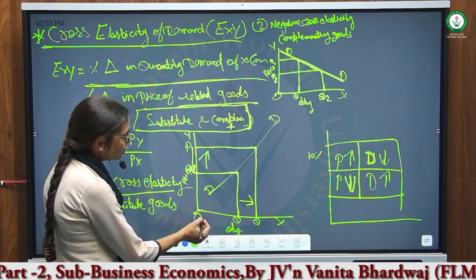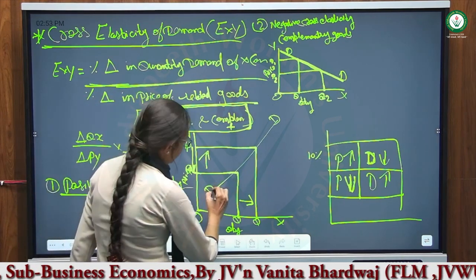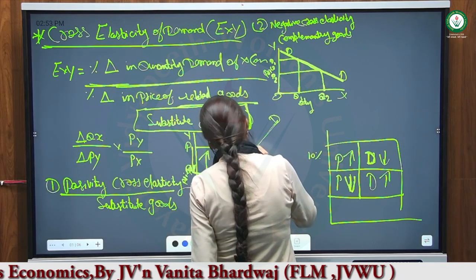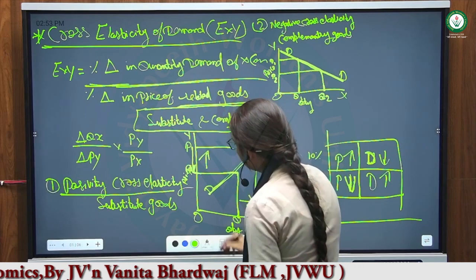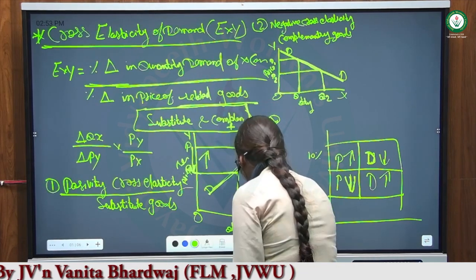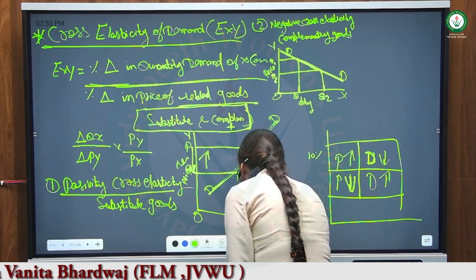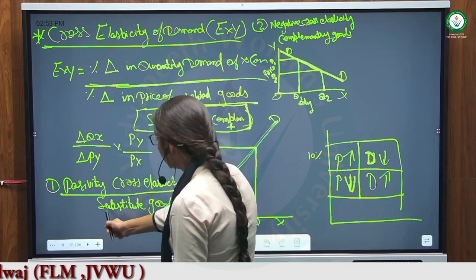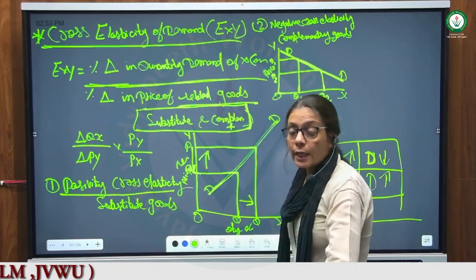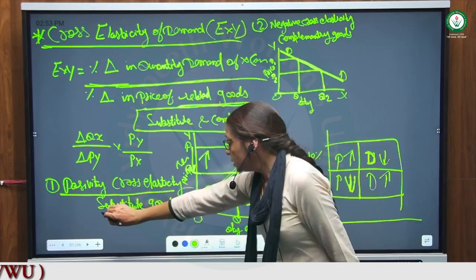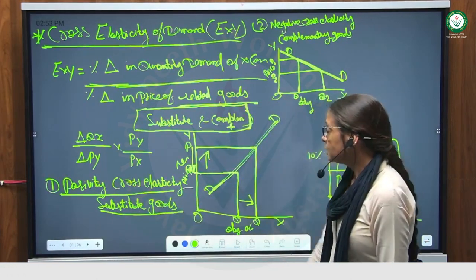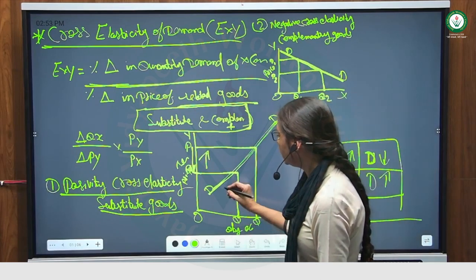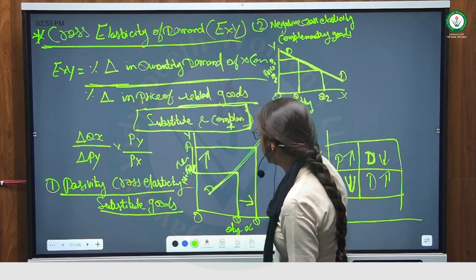If the price of one commodity increases, the demand for the other commodity increases. This is the price of tea, and this is the quantity of coffee. A positive relationship is found only in substitute goods. When a positive relationship is shown in elasticity of demand, the demand curve slopes upward to the right.